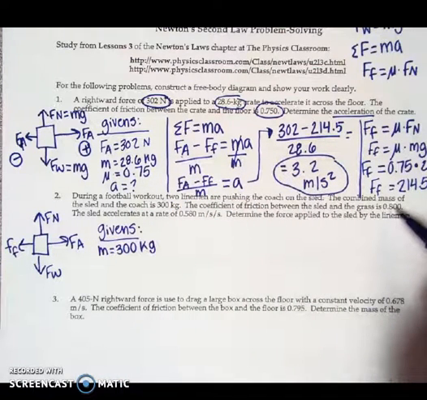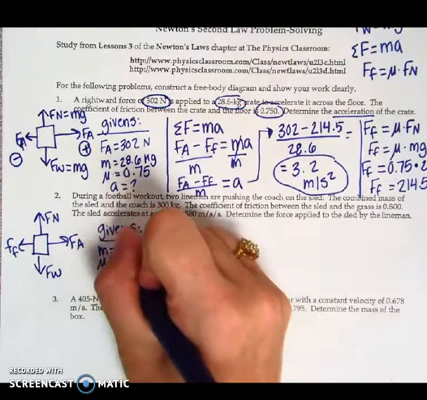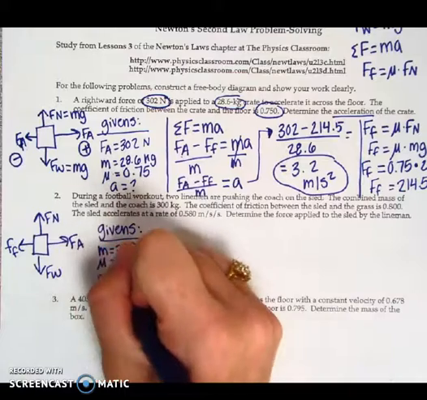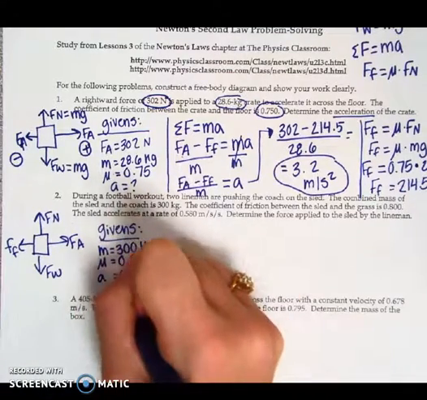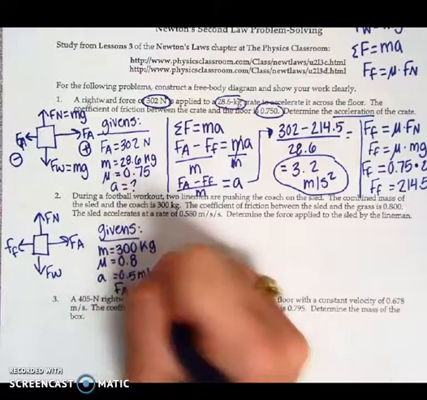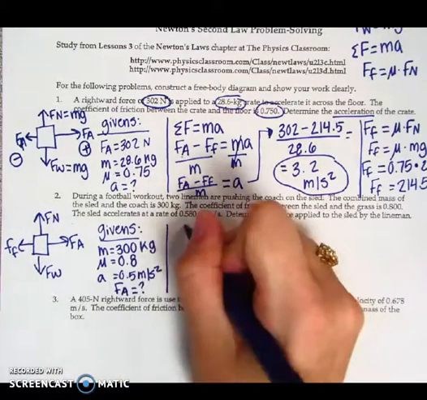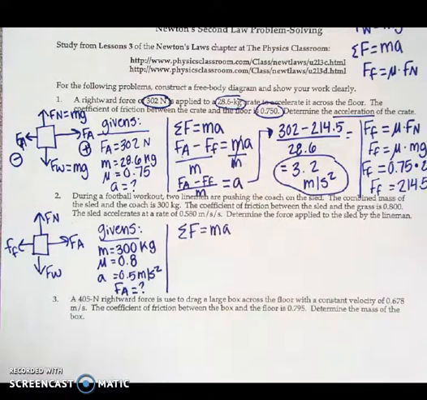So anytime you see a number less than 1 and without units, that's more than likely going to be your mu. And then it also gives us our acceleration. And we're looking for our applied force. So step 1, draw the free body diagram. Step 2, write out your givens. And then step 3 is when we start looking for the sum of forces.